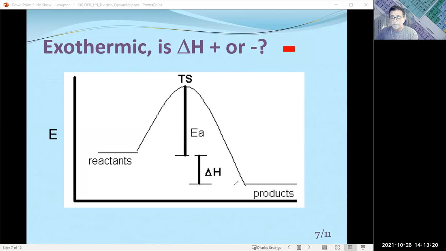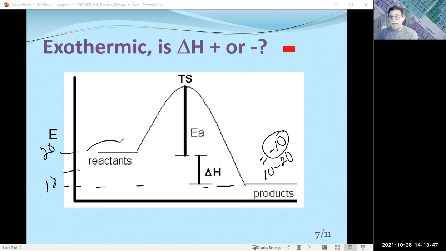You can do it mathematically and arbitrarily put some values here, say 10 and 20, for example. So it's 10 minus 20, and you end up with negative 10 energy units. The fact that it's negative tells you it is exothermic. Also, you can tell just by visualizing that the products are at a lower energy level than the reactants were. So again, exothermic reaction.